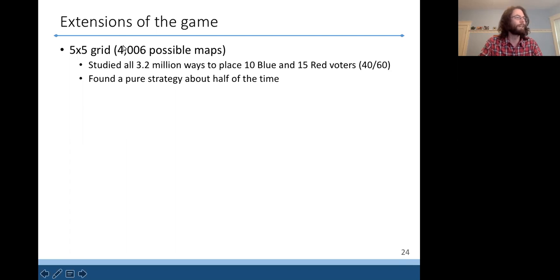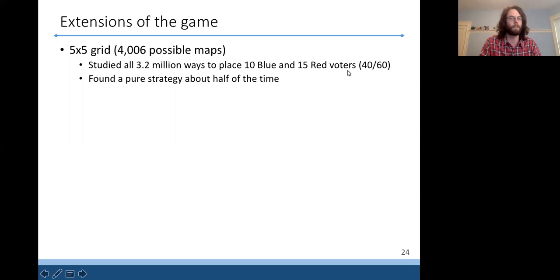So I had to write some code to generate all of these maps, which was an interesting little programming puzzle that I encourage you to try. All of these ways to tile a space with polyominoes of size 5.